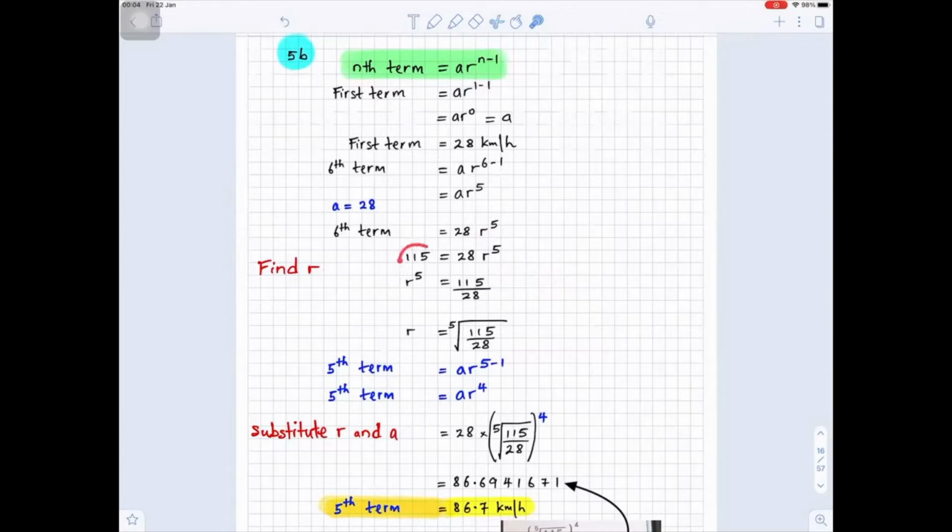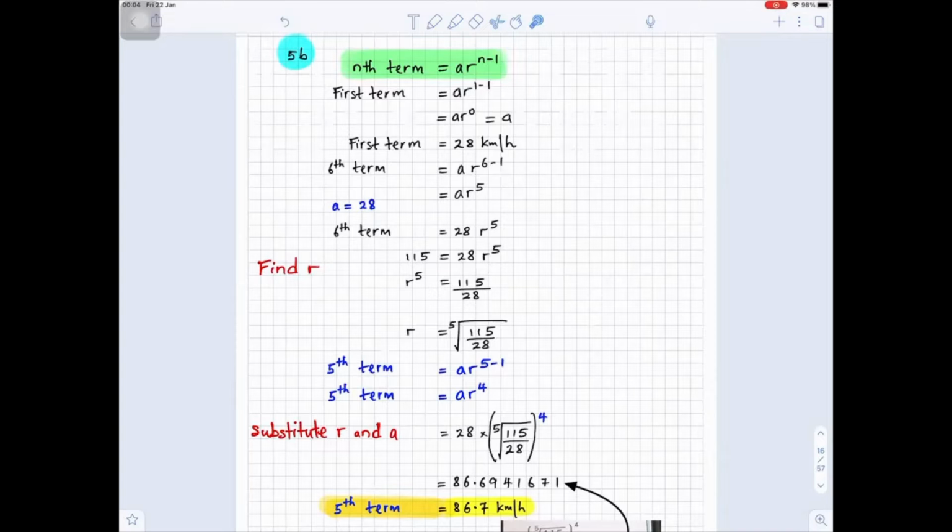But the sixth term is 115. So 115 equals 28 times r to the 5. So r to the 5 is 115 divided by 28. The opposite of r to the 5 is the fifth root. So we want to find the fifth root of 115 over 28.